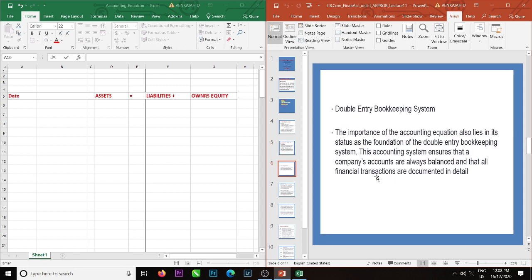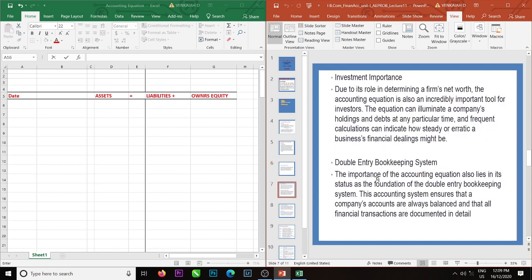For double entry bookkeeping, the accounting equation is the base, which is developed from the accounting concept of dual aspect. An investor always understands the value of the investment with the help of this accounting equation, that is, assets are equal to liabilities plus owner's equity. Suppose I invested 4 lakhs. I invested in a company.